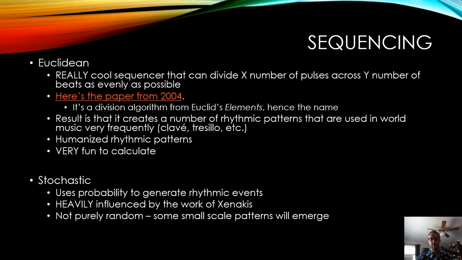And if you follow Euclid's algorithm, you get these patterns that are very, very close, or in most cases identical, to rhythmic patterns that are used all over the world in traditional music.